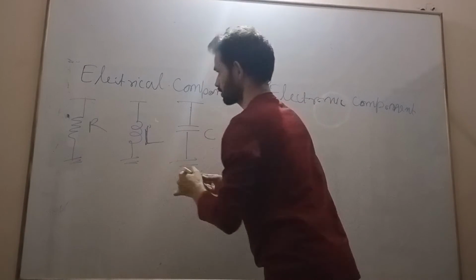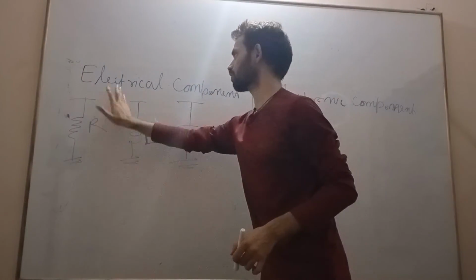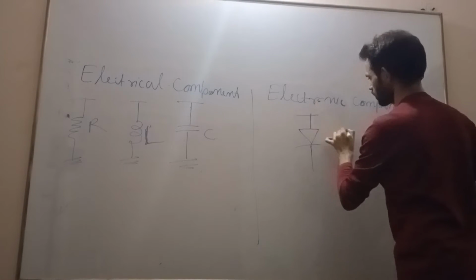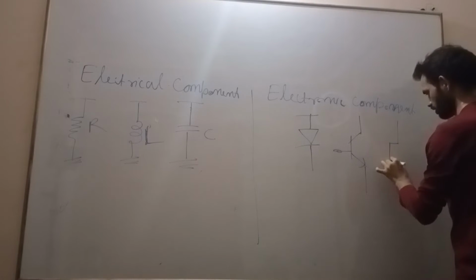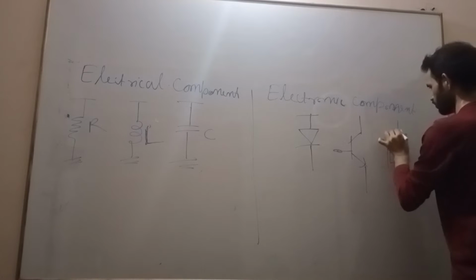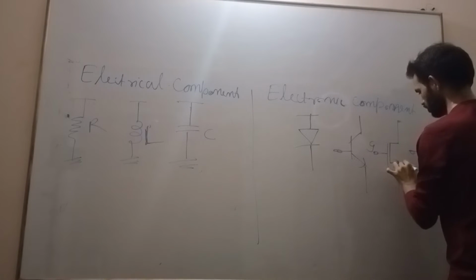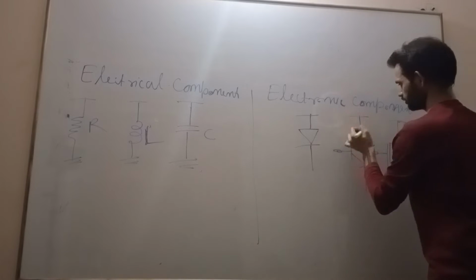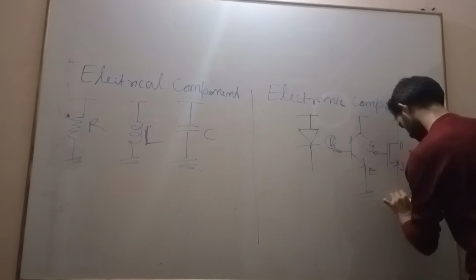These are the electrical components. And the electronic components are like diode, transistor, MOSFET, and JFET. So this has gate, source, drain, this is supply, and this is base, collector, emitter, this is ground.